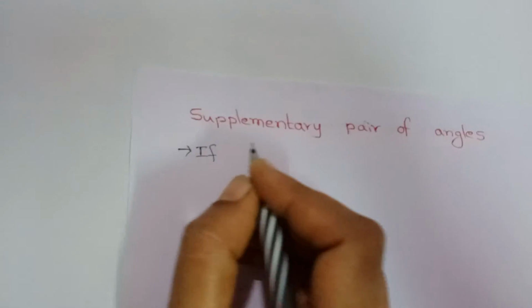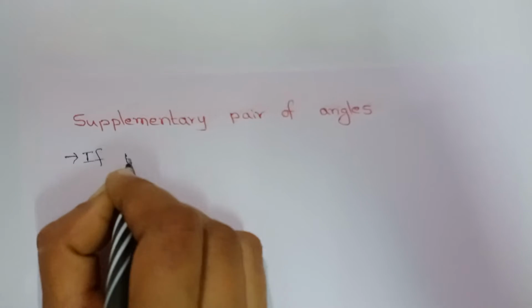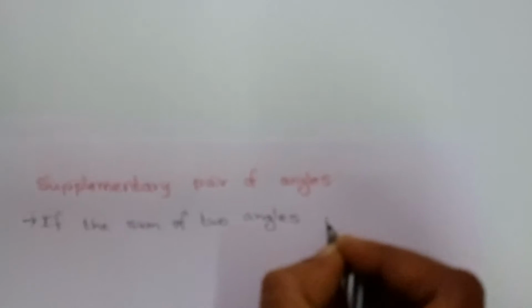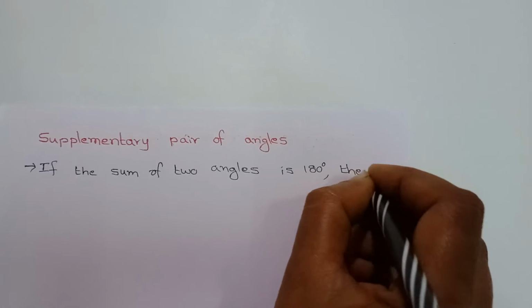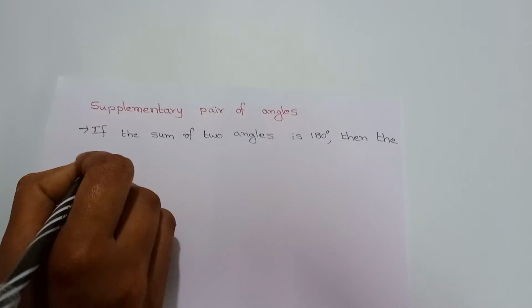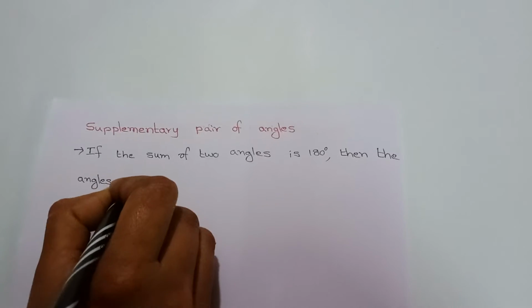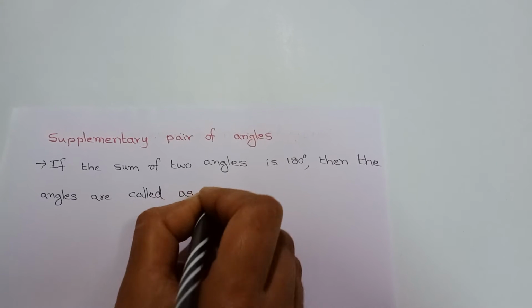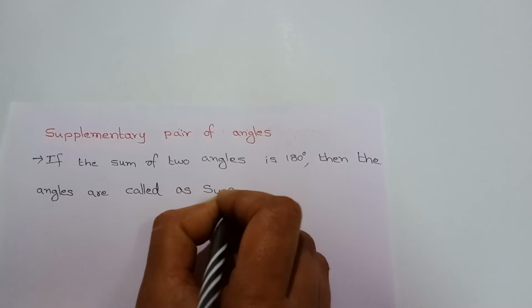If the sum of two angles is 180 degrees, then the angles are called as supplementary angles.